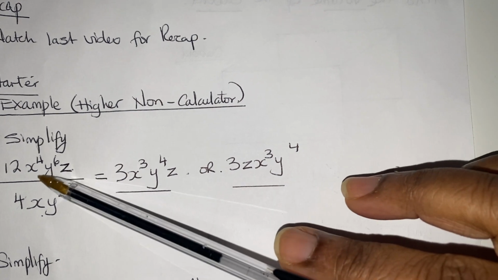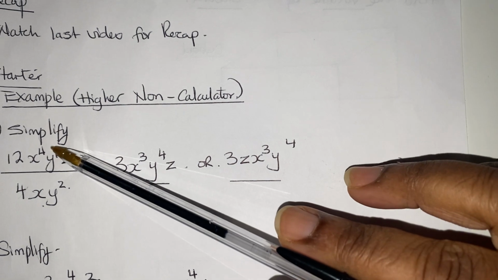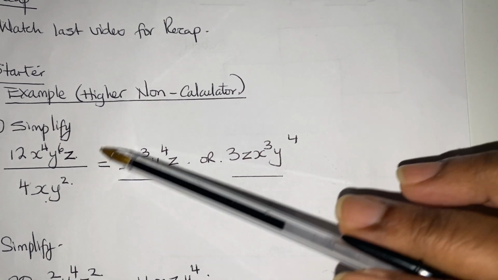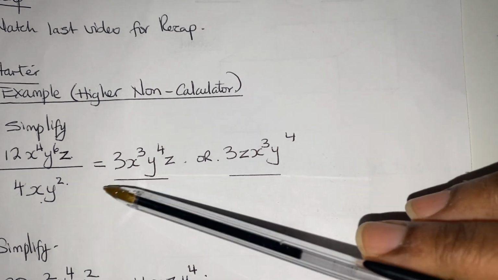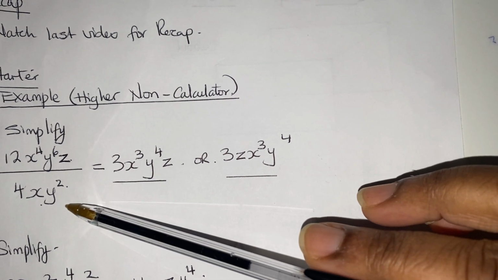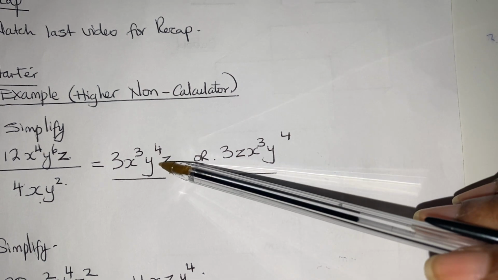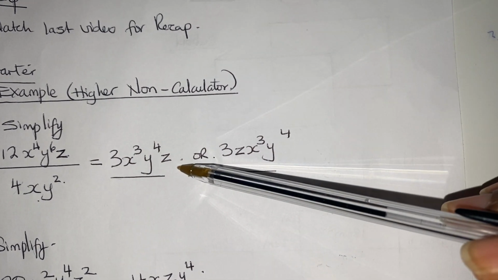The rules of indices which you have in your flashcard: x to the power 4 divided by x to the power 1 becomes x to the power 3. y to the power 6 divided by y to the power 2 becomes y to the power 4. z is on its own, so we have z.